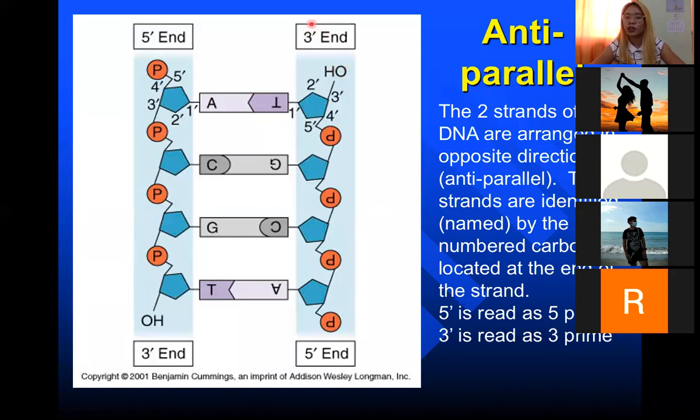It will start with 3', so doon naka-attach yung kanyang phosphate group, nasa 3', and then ang nasa baba niya ay yung 5'. Okay? And this is important later on. We will learn na the process of replication follows a certain direction of movement.